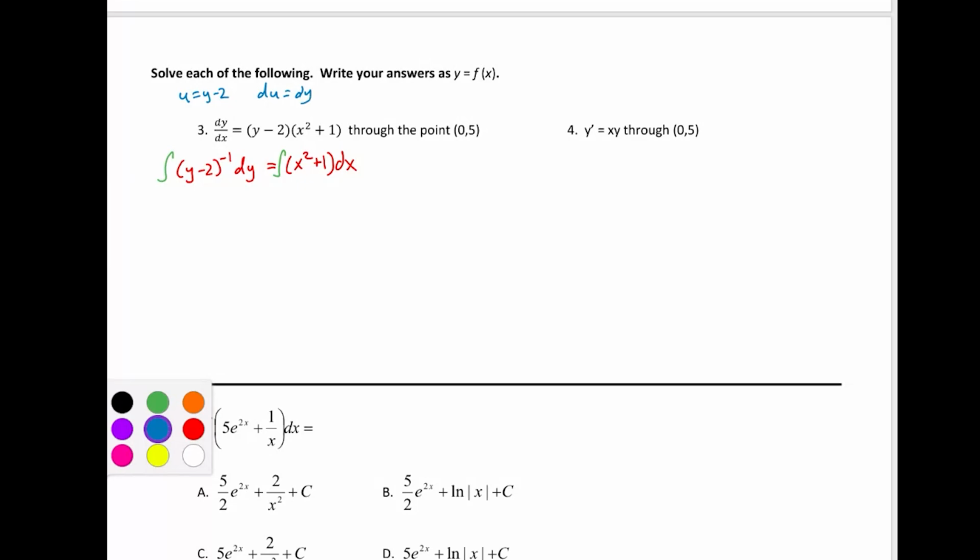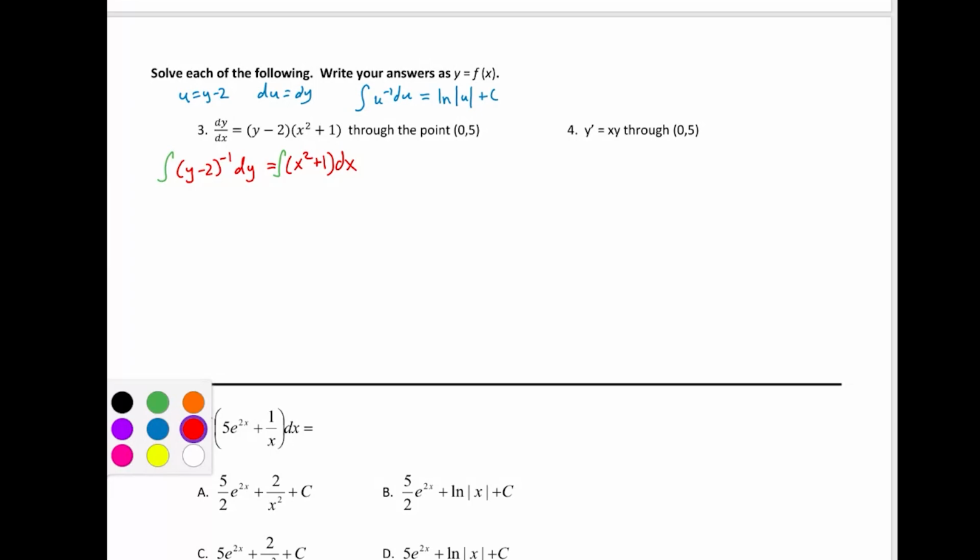So we actually get a perfect match here. We do not need to modify that du. And so this integral is going to be the integral of u to the negative 1 du, which is the natural log of the absolute value of u plus c. And u in this case is y minus 2.